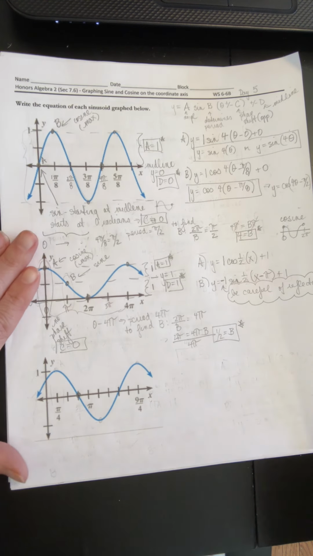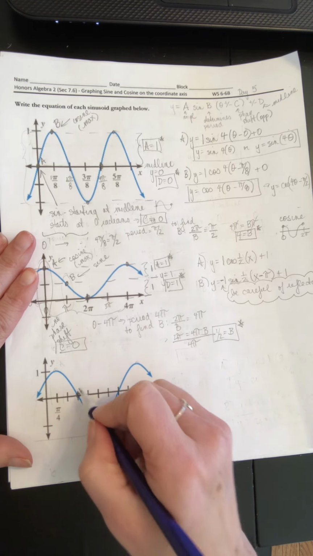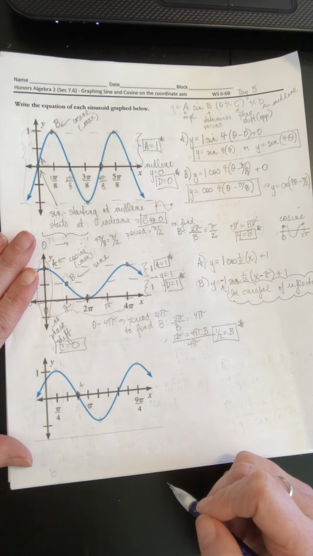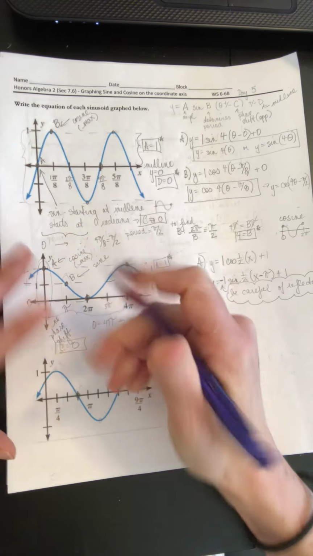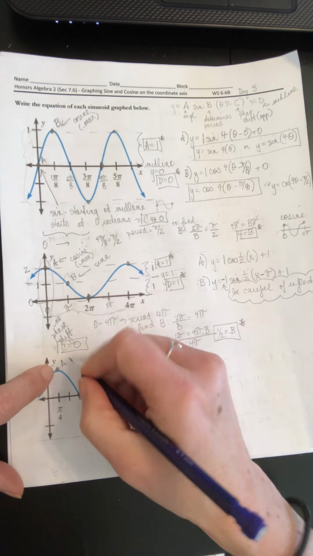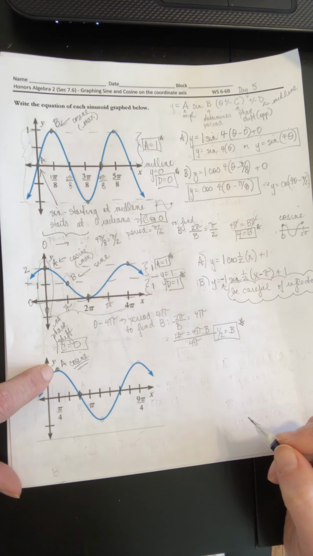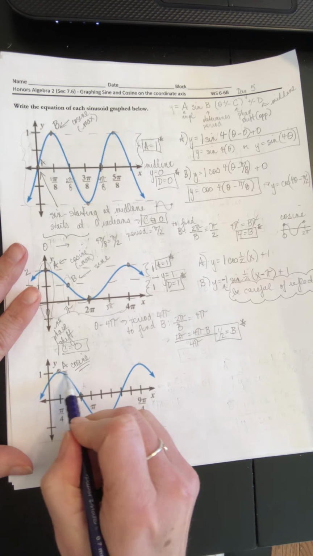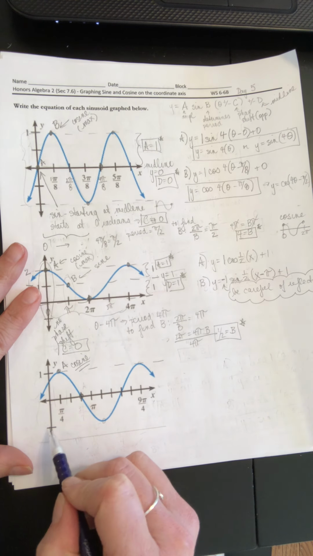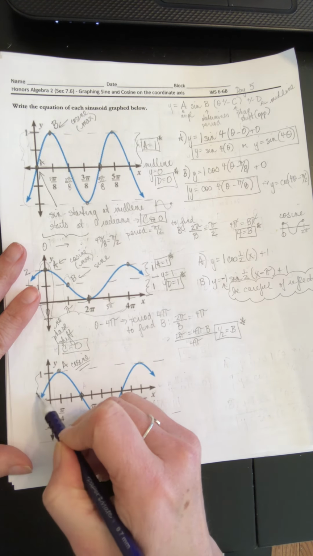Last but not least, right, we have this guy. So let's say I start here first, okay? No, actually, do it this way. I'll start here first. So I'm starting high, which makes me think this is cosine, okay? I'm going to draw my boundary lines. Now you can see your boundary lines, right?